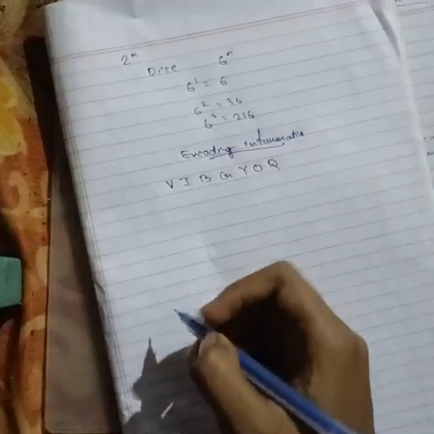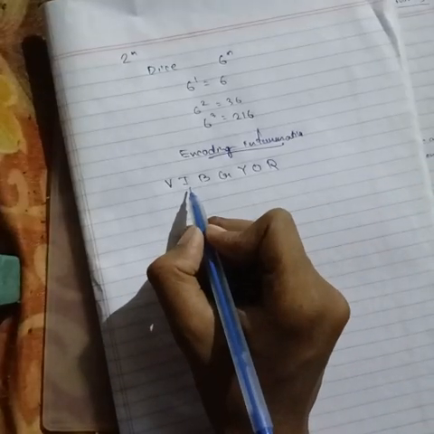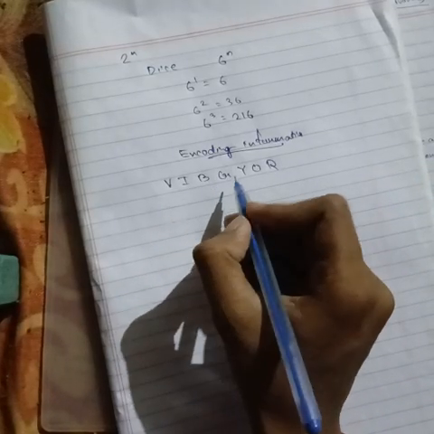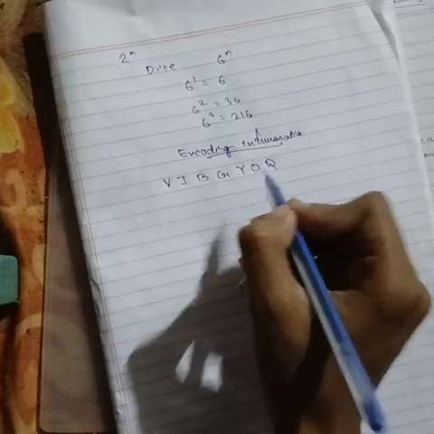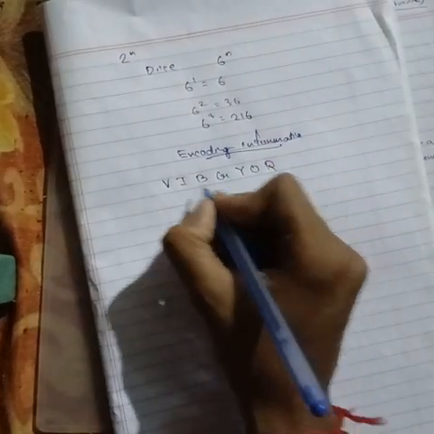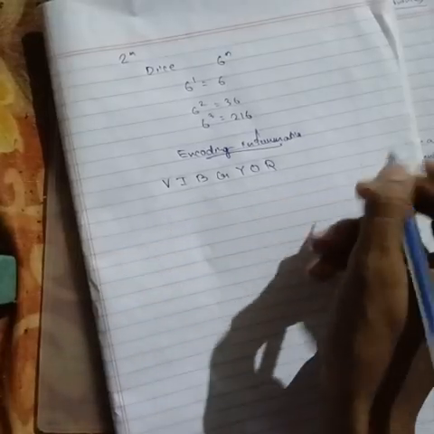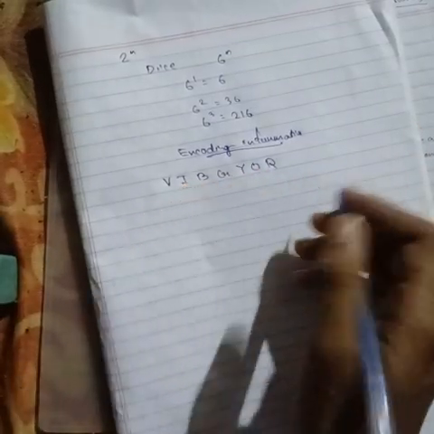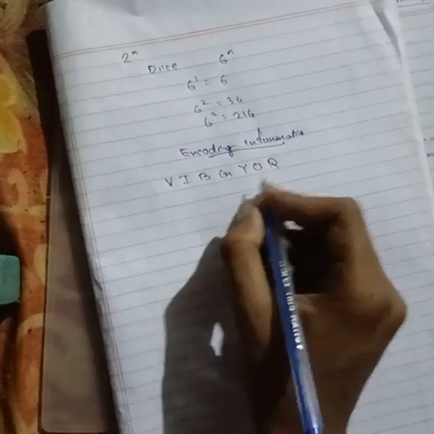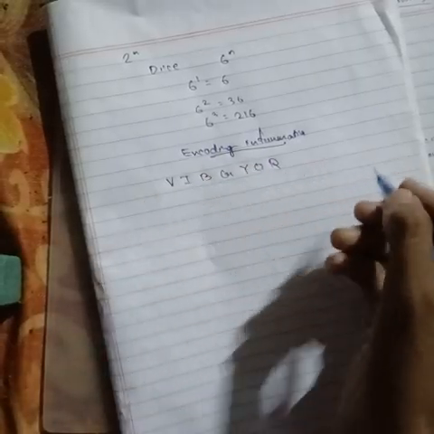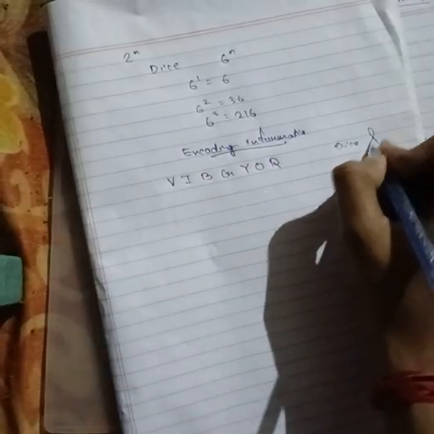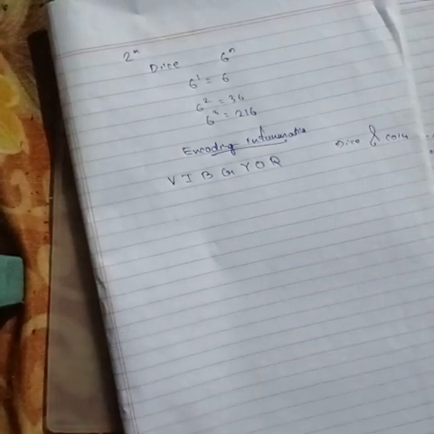You all know this. V for violet, I for indigo, B for blue, G for green, Y for yellow, O for orange, R for red. I want to represent these colors with codes that I obtain from dice and coins.